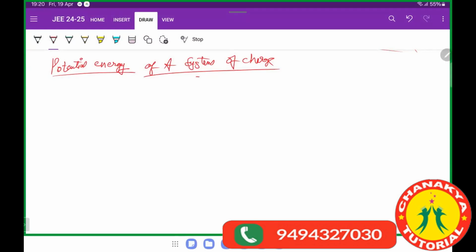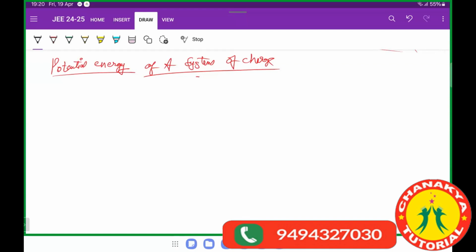Okay. So energy, the potential energy of a system of charges. Now, potential energy is more means what? Potential energy is conservative. This energy is also conservative, like gravitation, electrostatic, and all that.